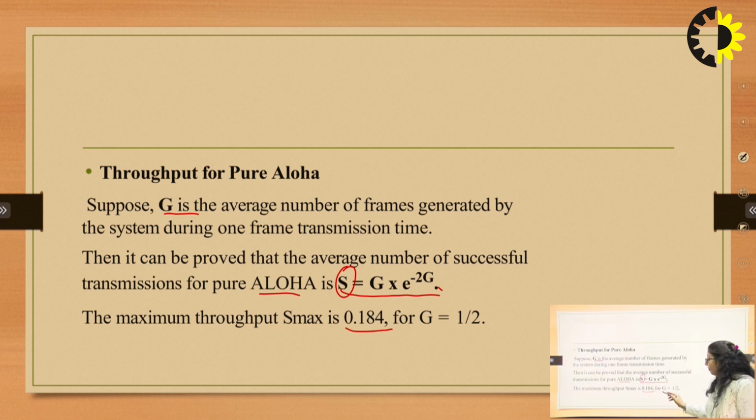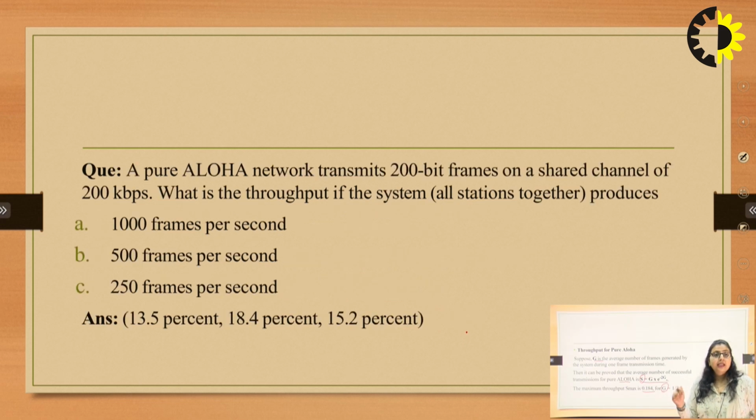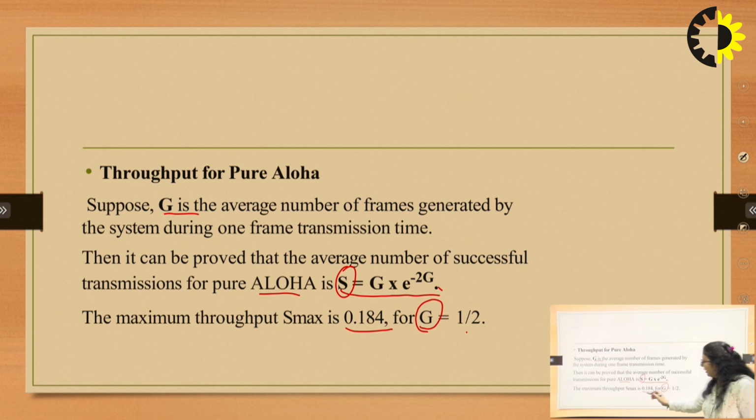If the value of G is half, then it shows the maximum possibility that there will be no collision, or that the data will be sent securely. So, the possibility is 18.4%.